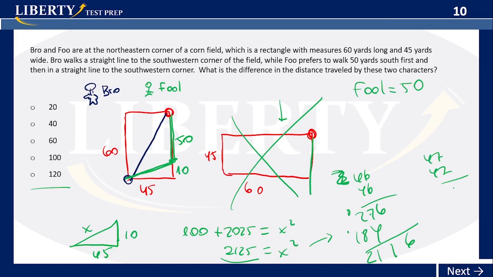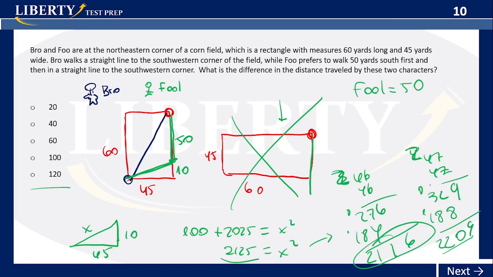Let's try 47 times 47, which is 2209. That's too much.